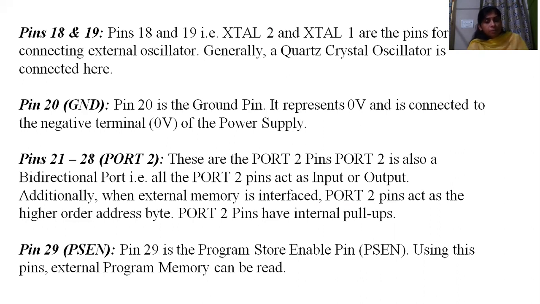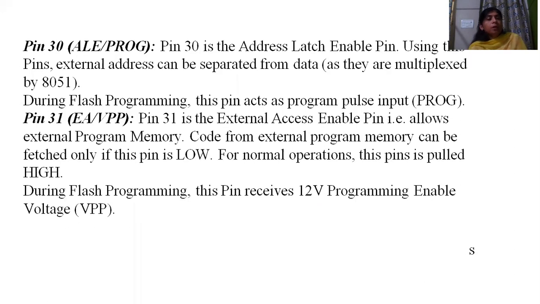Internal pull-ups are there. Pin number 29 is the program store enable pin, and it is used for external program memory, which can be read using this pin. Pin number 30 is address latch enable, so the external address can be separated from the data.